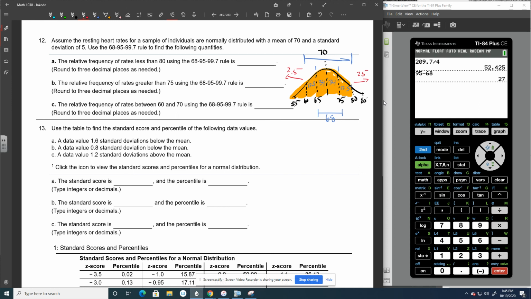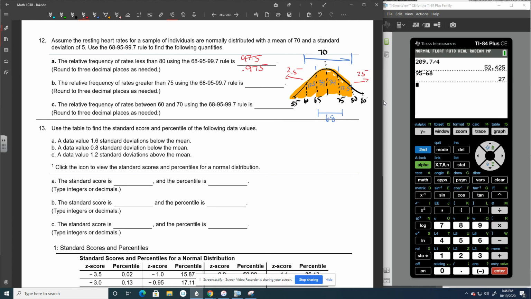So the percent of data that is going to be under 80 is going to be 97.5% of the data. So as a decimal, I better write that 0.975, because 97.5% as a decimal is 0.975. So I got that by just adding up all the standard deviations that are there minus this 2.5 that falls outside of my range.